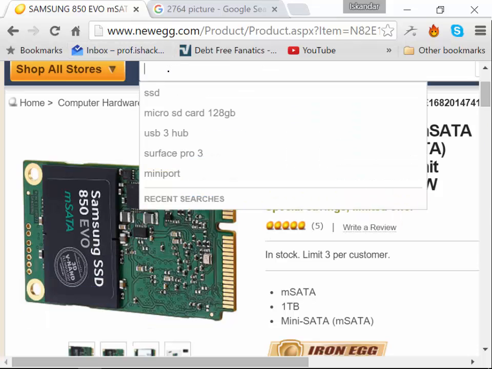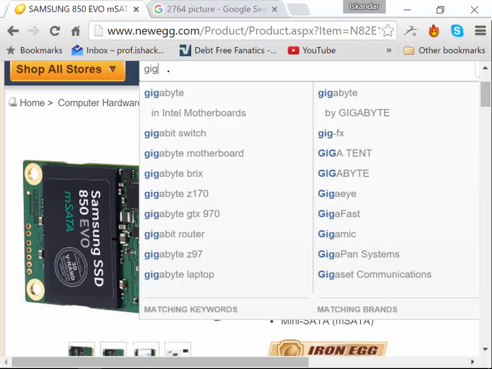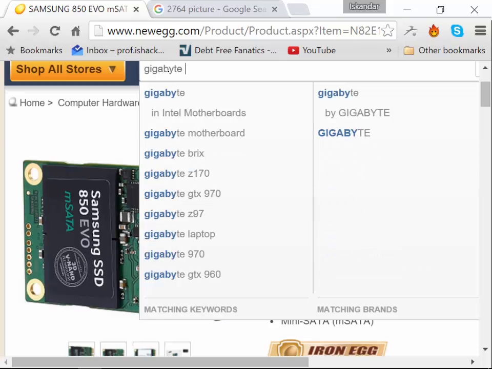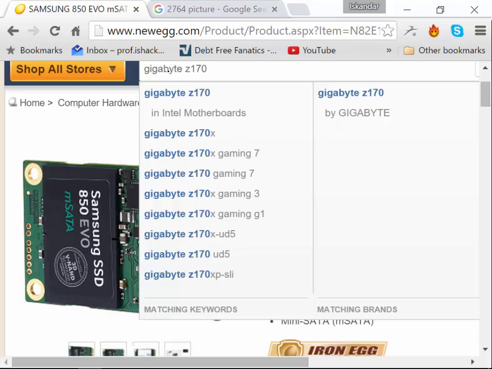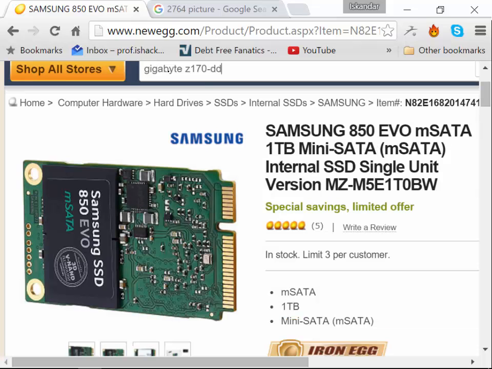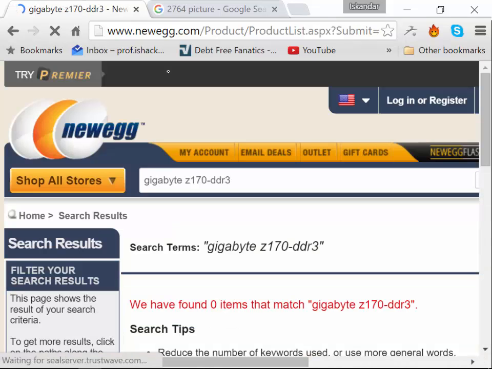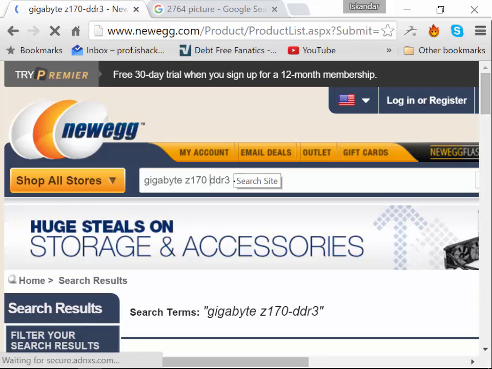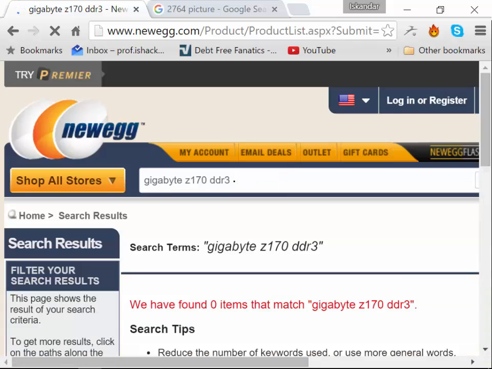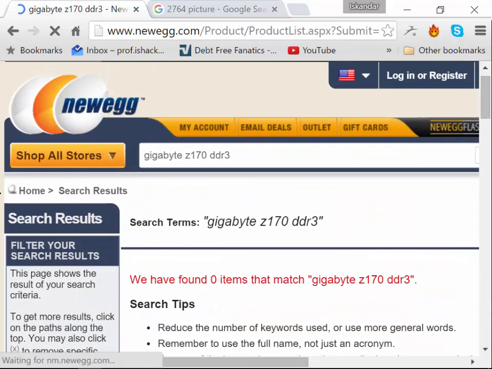So, for example, let's look up a Gigabyte Z170 motherboard. Take the dash out of there. Well, let's just go Z170.